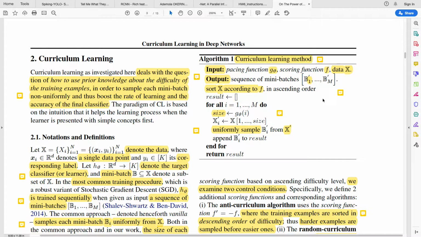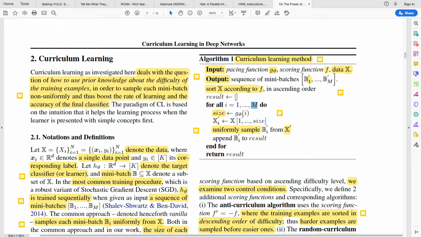So you initialize an empty list, and you iterate through the number of batches that you want. Let's say you want 50 batches or 10 batches, whatever you want. So for you to get the first batch in your training set, you give a size to that.